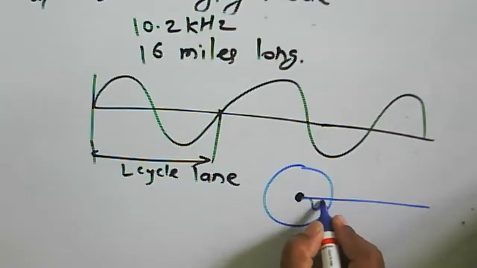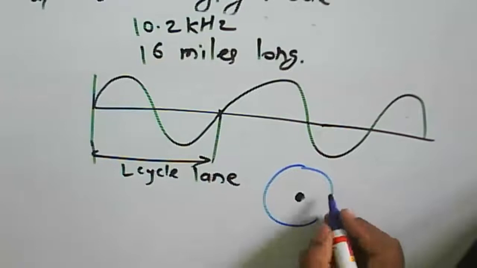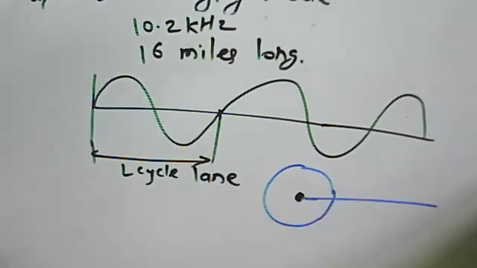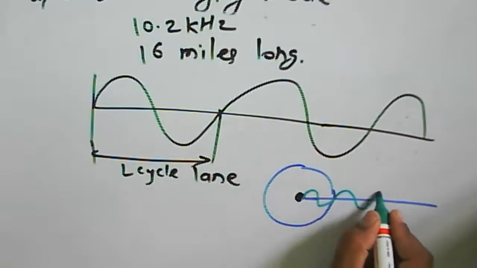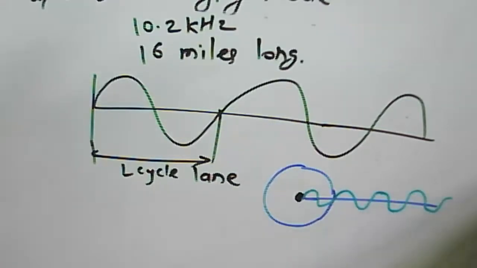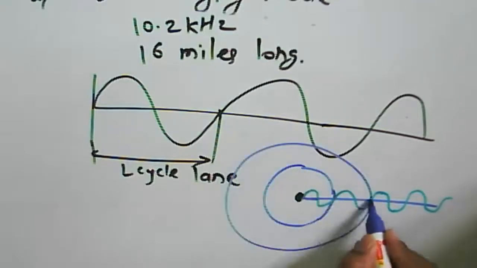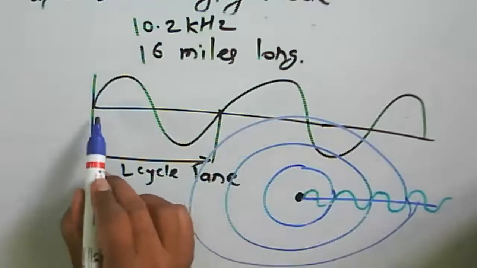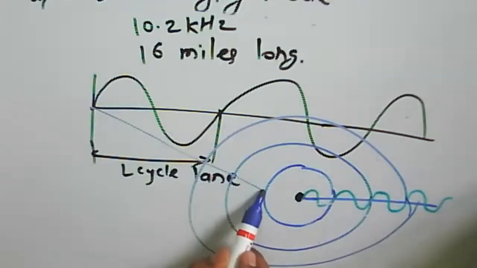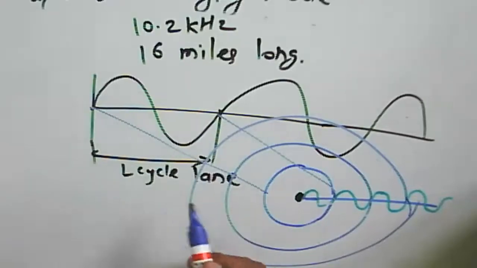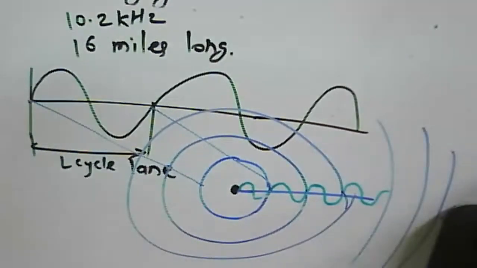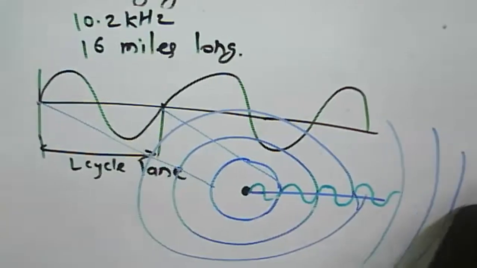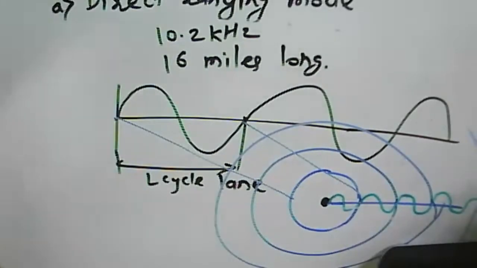From this we can say that this one is one lane, this one is another lane, this one is another lane. So this is the first lane, this is the second lane, this is the third lane, and likewise we have different lanes, based on the cycle of the transmitting signal.